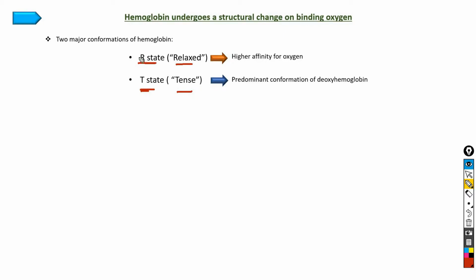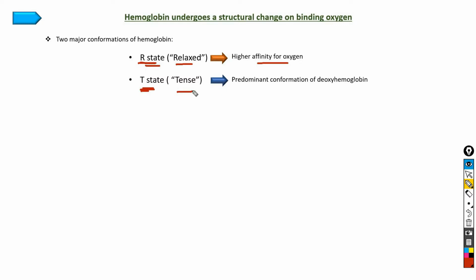Although oxygen binds to hemoglobin in either state, it is the R state which has significantly higher affinity for oxygen, and oxygen binding stabilizes the R state, whereas the T state is stabilized by a greater number of ion pairs which may lie at the alpha 1 beta 2 interface and alpha 2 beta 1 interface.